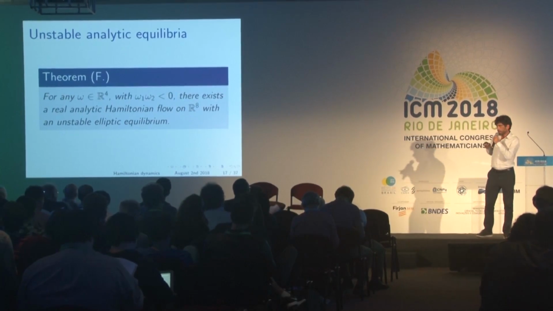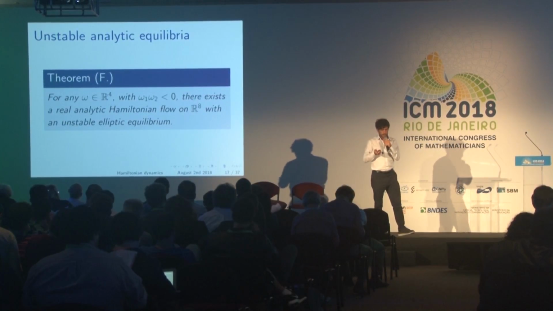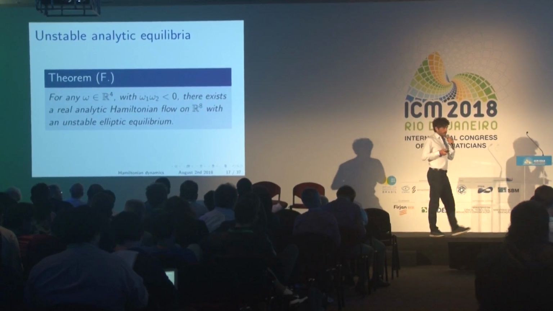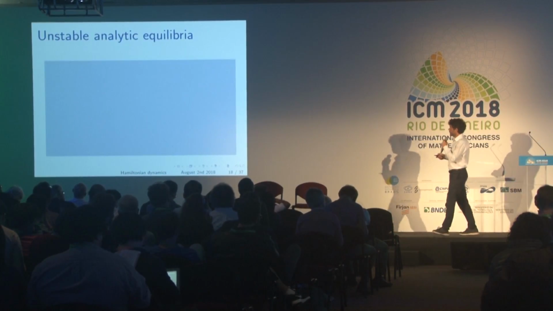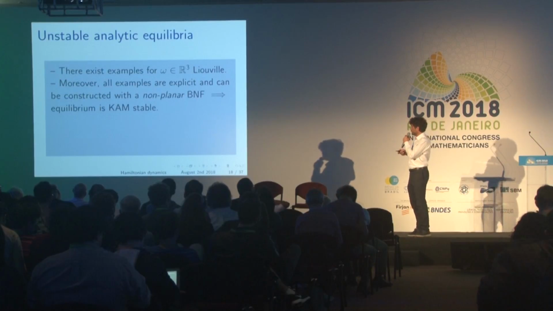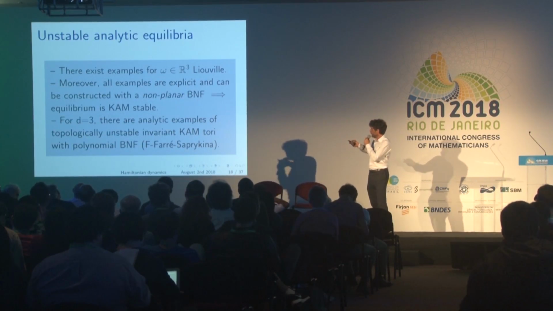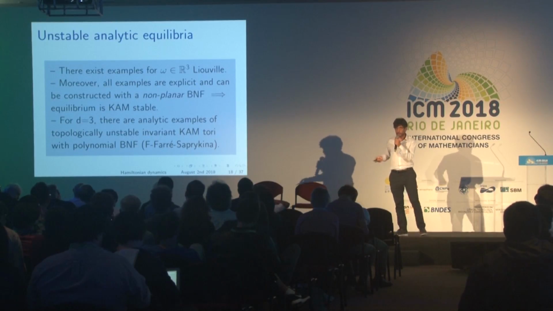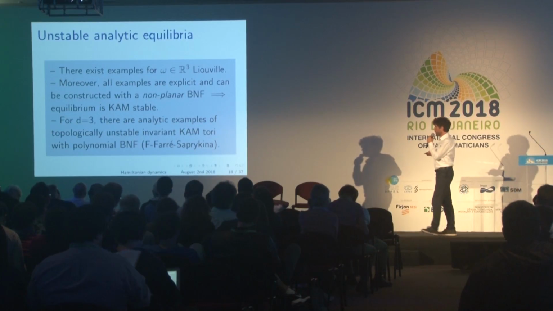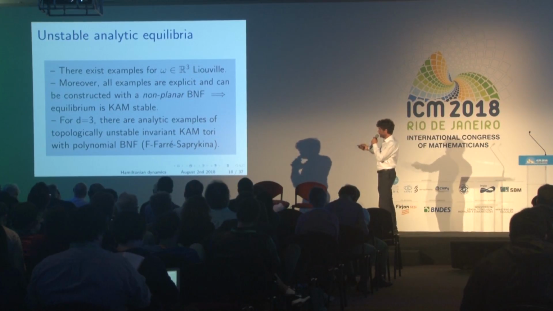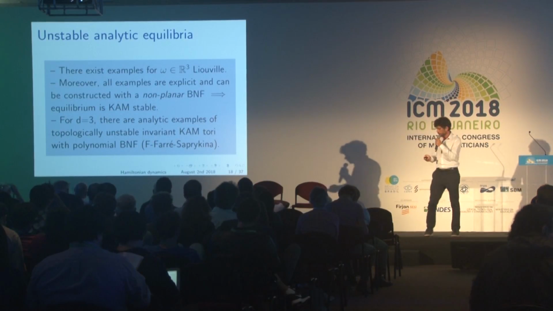You don't approach your system by periodic ones, but by periodic ones plus perturbation, that you don't get rid of, actually. So for tori, you can do the almost usual Anosov-Katok construction and get topologically unstable analytic tori.